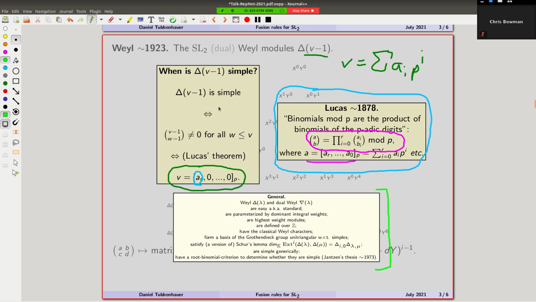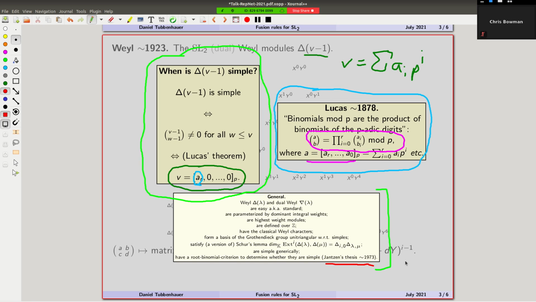And an analog of this criterion, I should say, I learned not from Hermann Weyl. He never writes this down as far as I'm aware, but I'm pretty sure that he knew about it. I learned it from Jantzen's thesis, where everything I just told you in the past 22 minutes is a small example, something like a 3-line example. And if you extend that a little bit, you get the first 22 minutes of my talk.